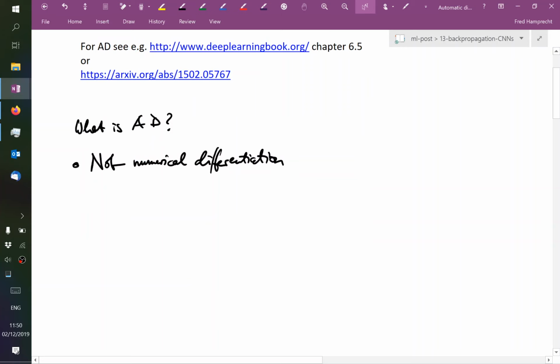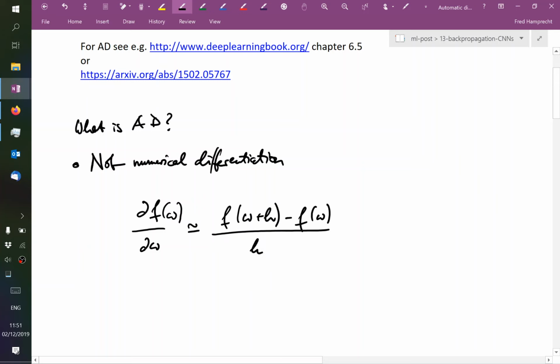What would be numerical differentiation? If I have this output of my neural network, which depends on parameters, then in numerical differentiation, we work with finite differences. We say that we try predicting or looking at the output at w plus h. If w is a vector, then h is also a vector, of course. And we're looking at f of w evaluated at the original parameter, and then we divide by h.